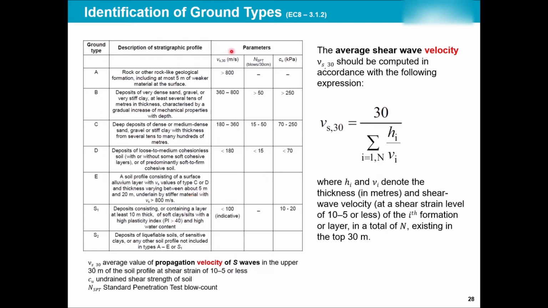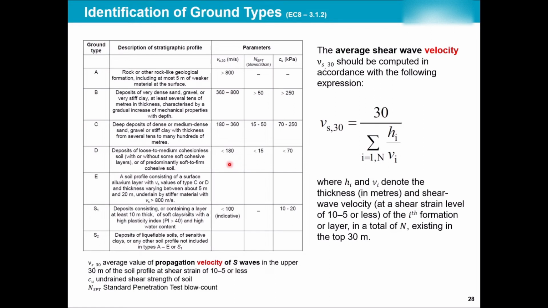All of these are categorized based on the shear wave velocity in their layers. In rock it is very high, more than 800 meters per second, but as you get looser and looser sand or soil or clay, you get slower and slower speed, 180 meters per second of shear wave velocity.